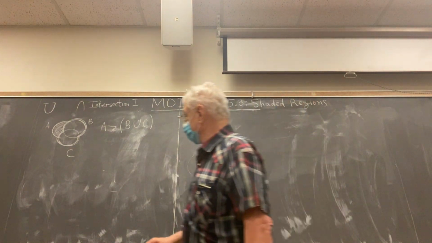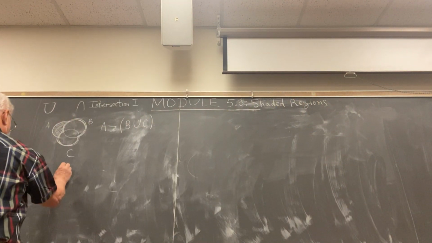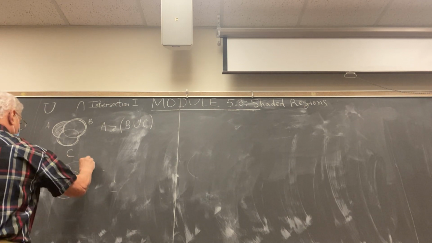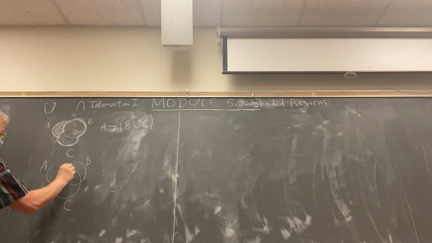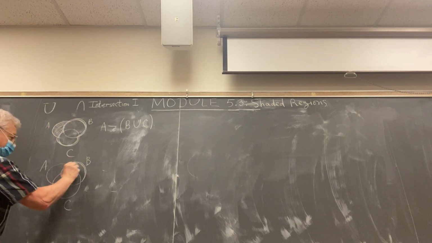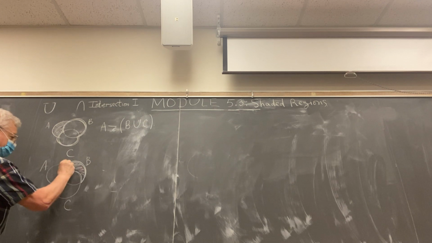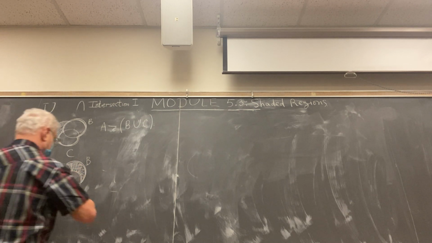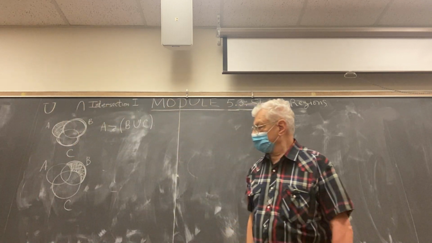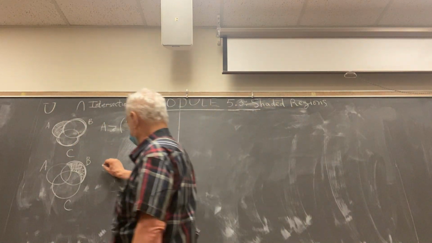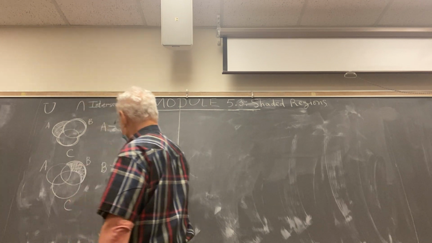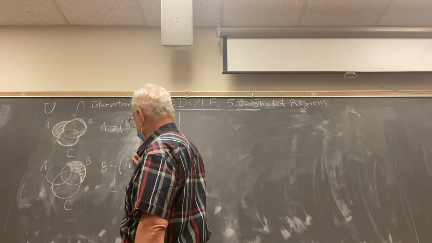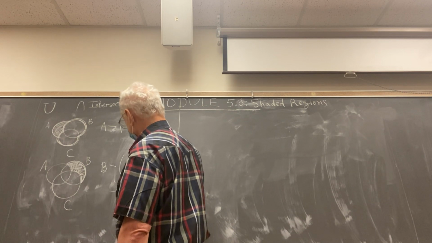Got it? If you understand that, let me ask you almost the same question. A, B, C, and this part. What is this part? That would be B minus, in parentheses, A union C. Why?